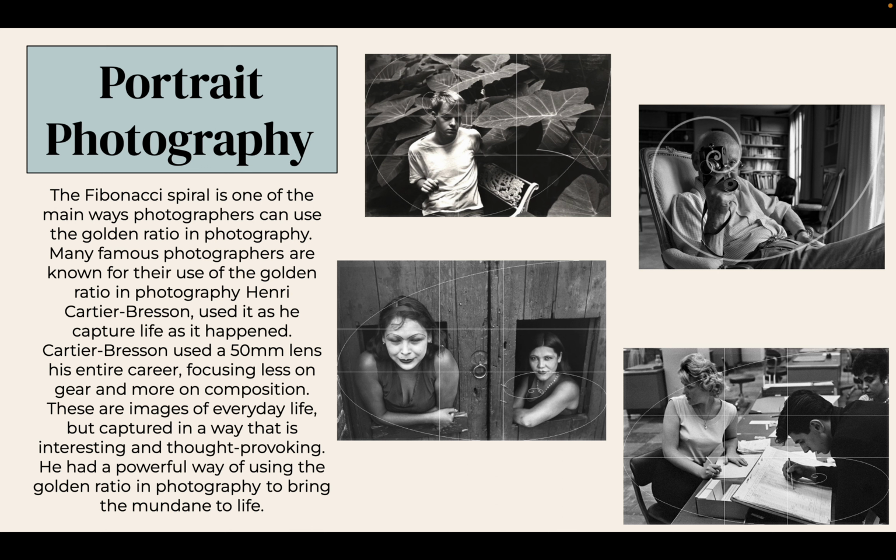He used a 50 millimeter lens his entire career, focusing less on the gear and more on the composition. The images on screen are all his work, images of everyday life, but captured in a way that was interesting and thought-provoking. He had a powerful way of using the golden ratio to bring the mundane to life.